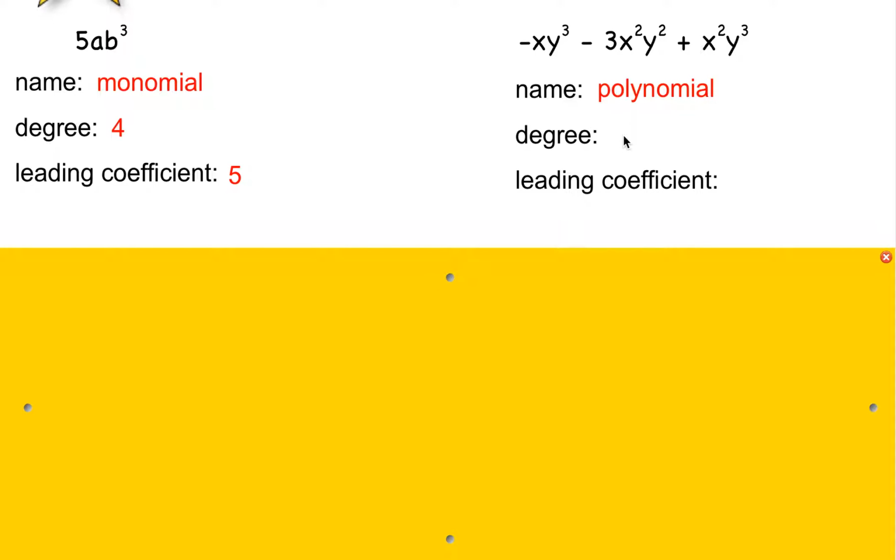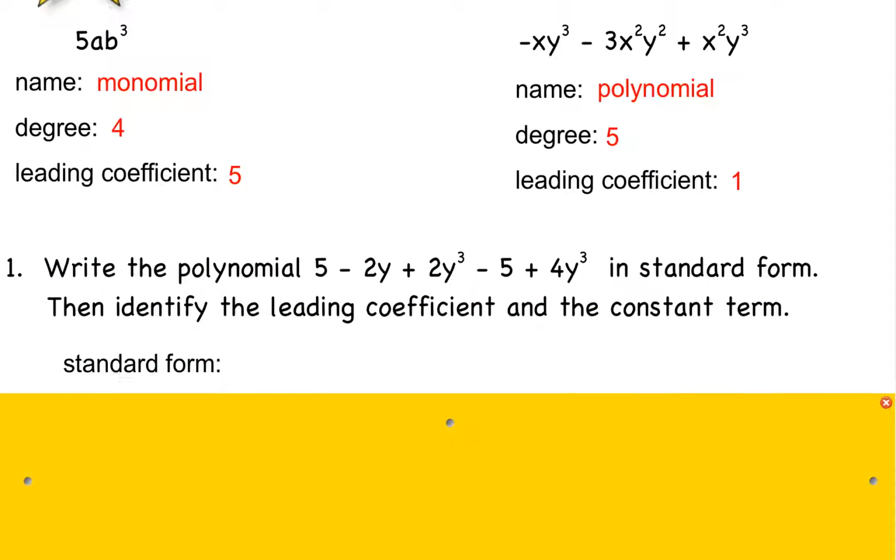Whatever has the highest degree, that is the degree of the polynomial. So this has degree 5. This would be our leading term. It has the highest power, so its coefficient is 1. So the leading coefficient is 1. That's just the number in front of the term with the highest degree. So that's how we label these.